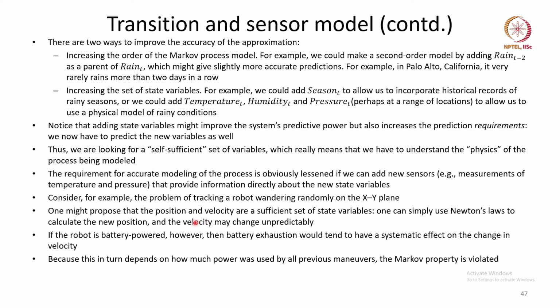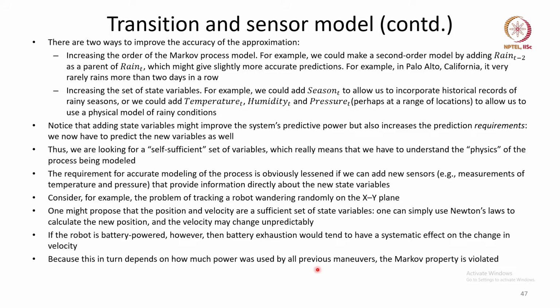Okay, so let us say that you are looking at the robot tracking problem. Okay, so there are two things you take into account, the position and the velocity, right? And what we need to do is calculate the new position of the robot, and the robot is battery powered, right? So suppose the battery turns off, so there is no charge in the battery, then obviously the robot won't be able to move forward, right?